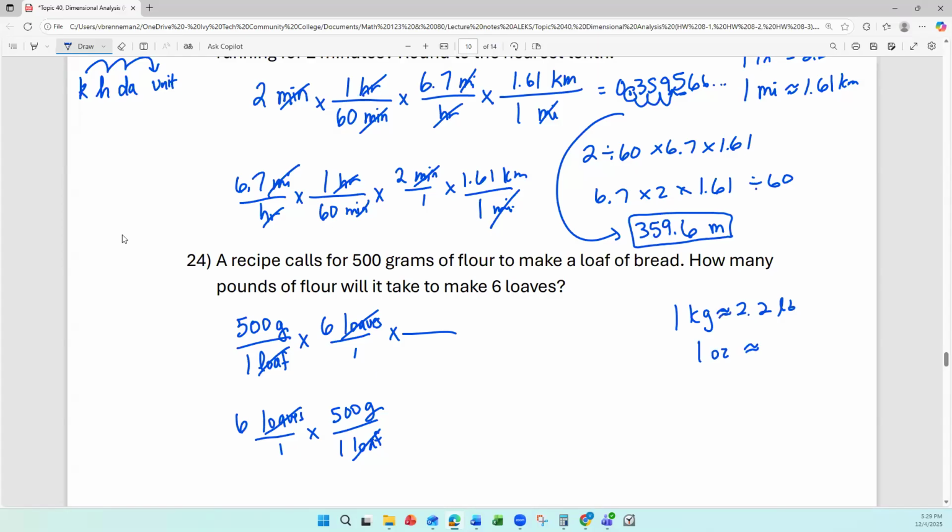These are both approximate. So I have grams. I'll go ahead and use the 28 grams to 1 ounce, and then go from ounce to pound, so 16 ounces to 1 pound.